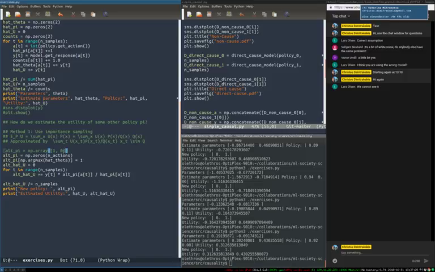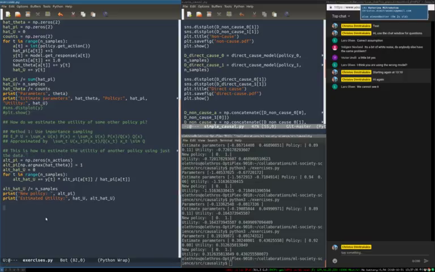So this is the code. Now, if you wanted, you could estimate a better policy. But estimating a better policy usually requires actually using a model.